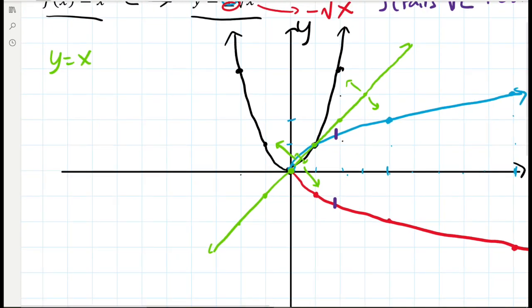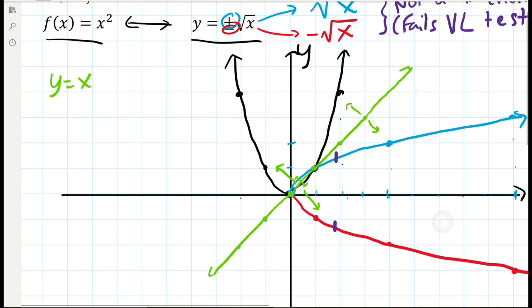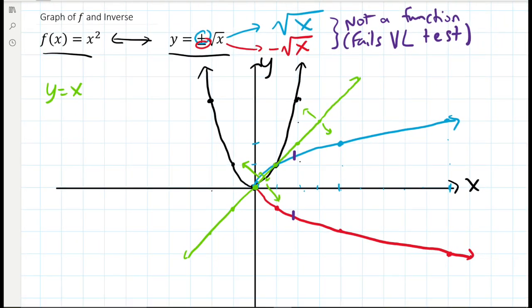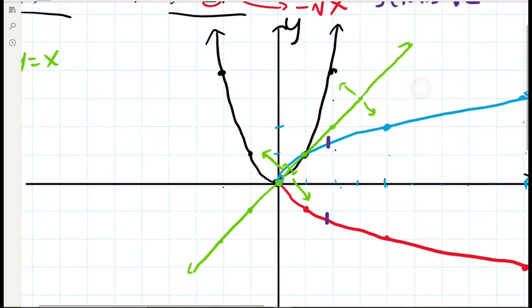So therefore, there is a special relationship between the original function and the inverse, in that the inverse graph can be found from the original function by mirroring it about the equation y equals x.